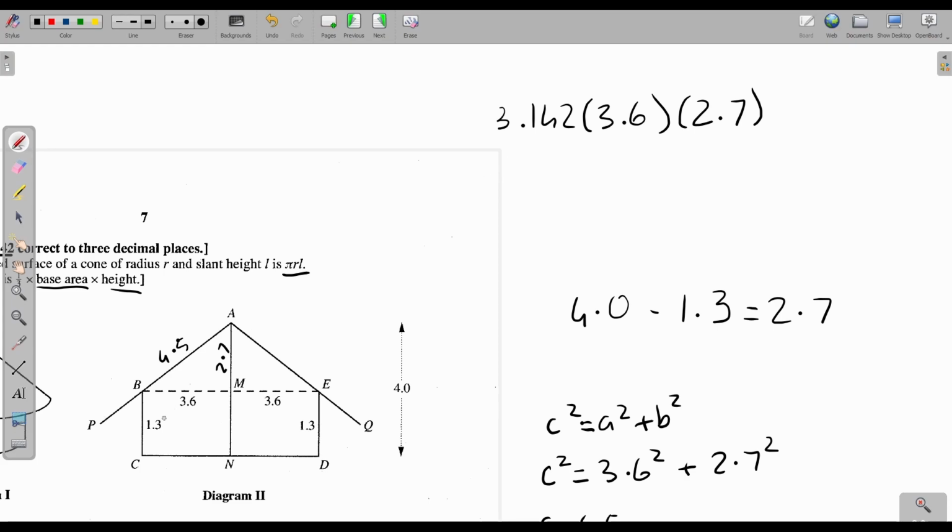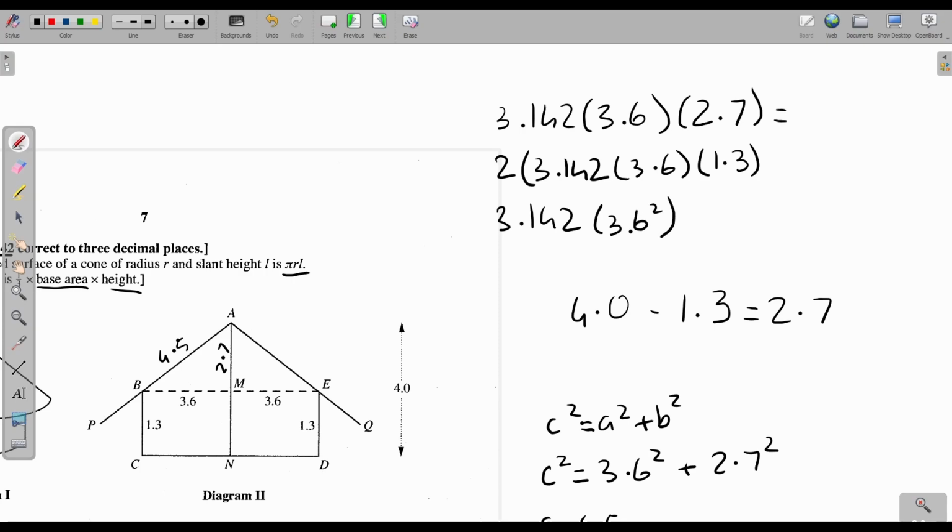Then we want the curved surface area of the cylinder, which is 2 pi r l, or 2 pi r h. Here our height is 1.3, so we want 3.142 into 3.6 into 1.3. And lastly, we want the bottom area, which is pi r squared, so 3.142 into 3.6 squared. Let us do all of these individually.